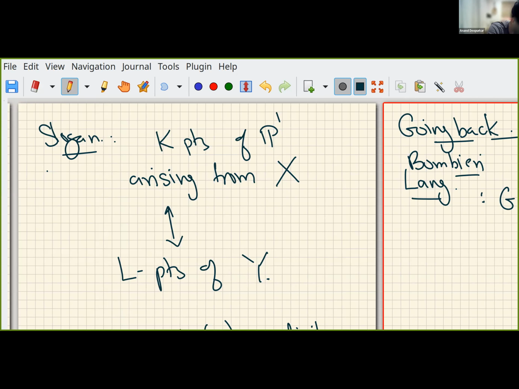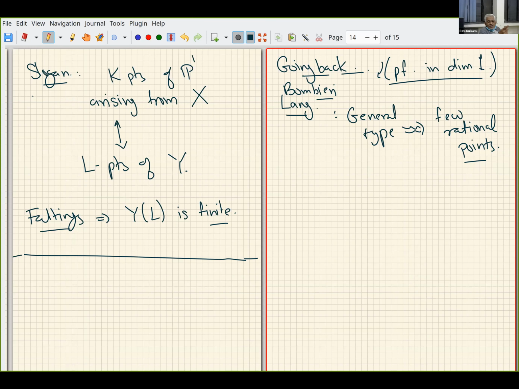Instead of saying just A X to the P plus B Y to the Q equals C Z to the R, you could throw in some mixed terms also.